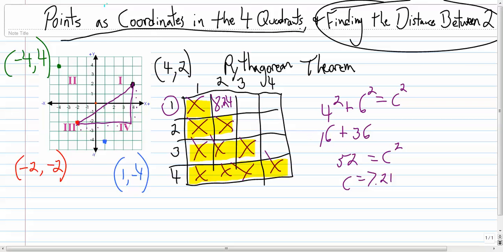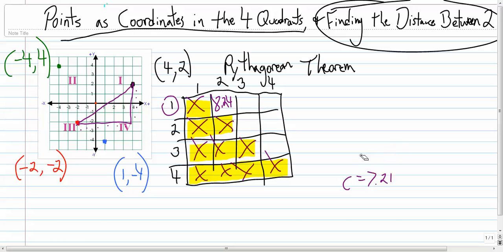So there's that one. Let me clear this a little bit here. So where were we? We're right there. So 7.21. And then let's do from 1 to 4 next. From 1 to 4, that would be this triangle right here. So these 2 sides, that's terrible drawing, but you'll deal.